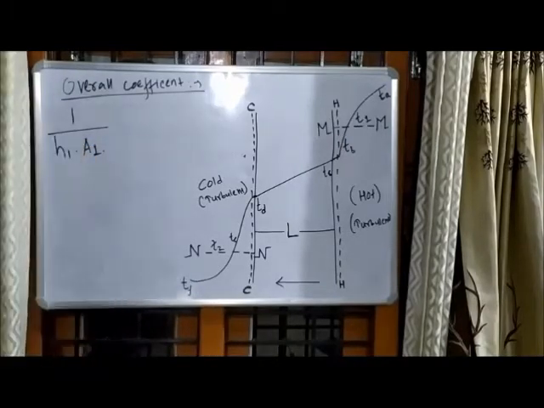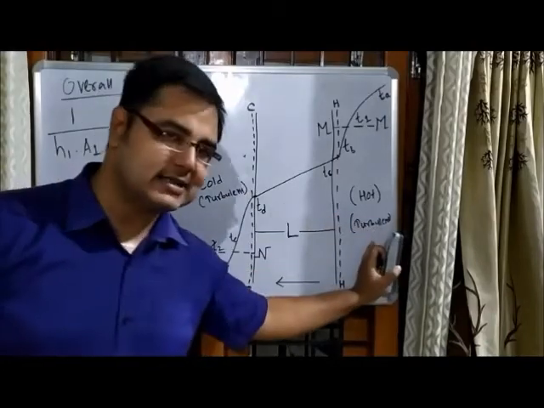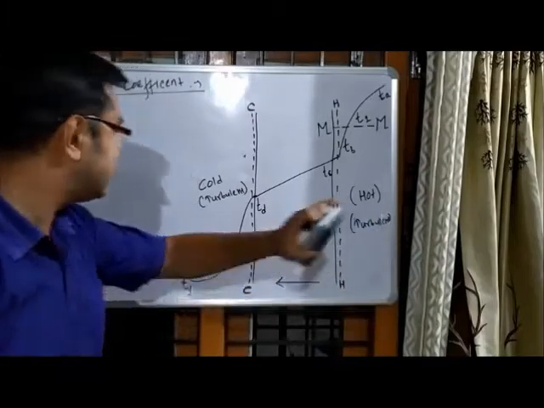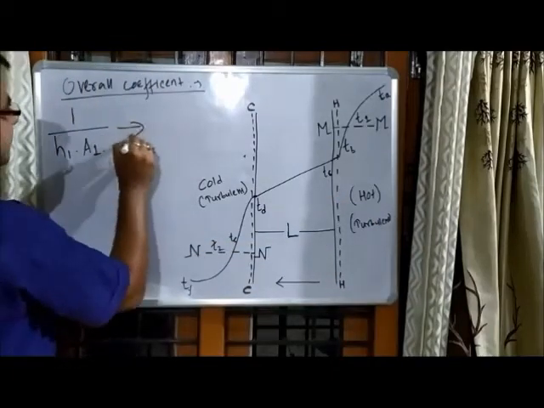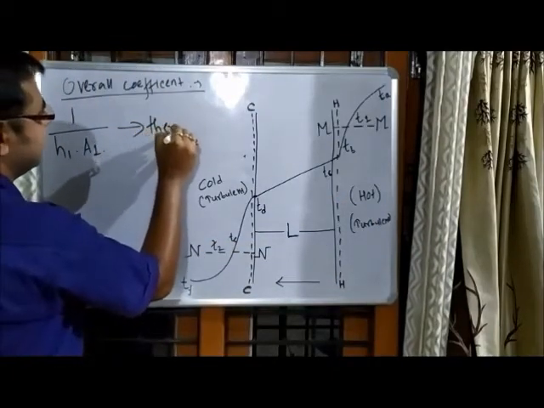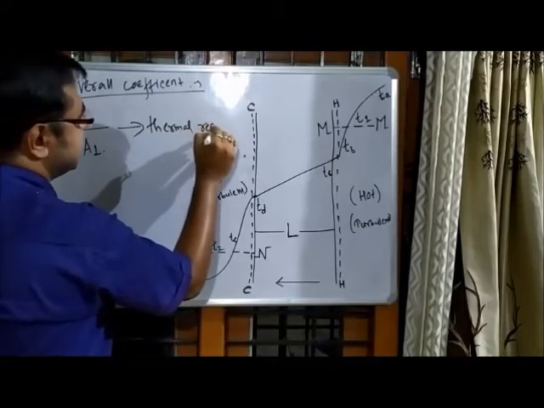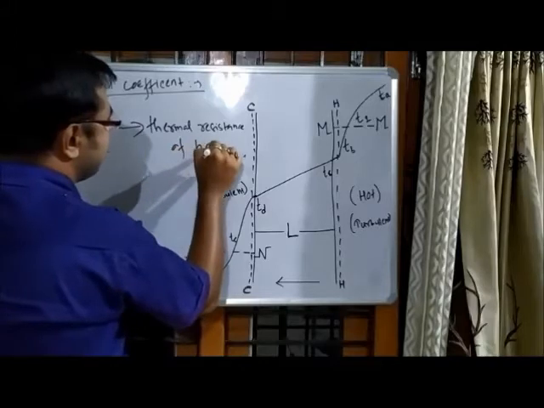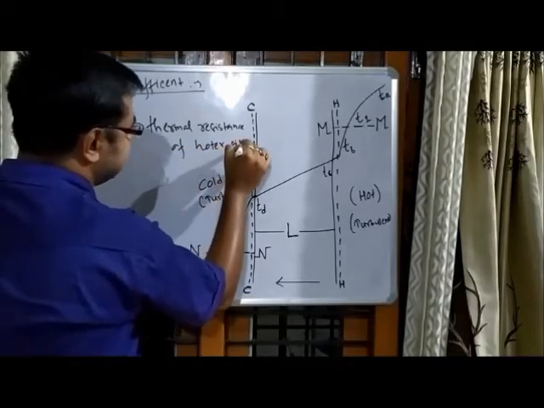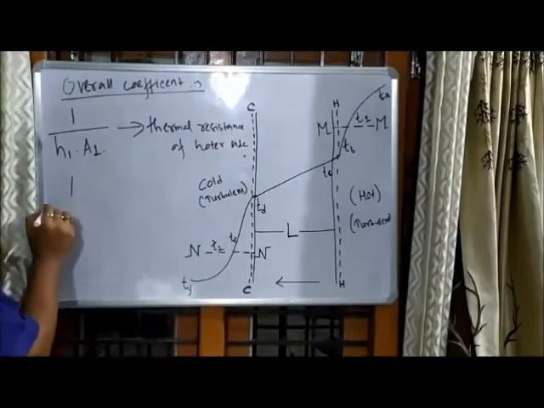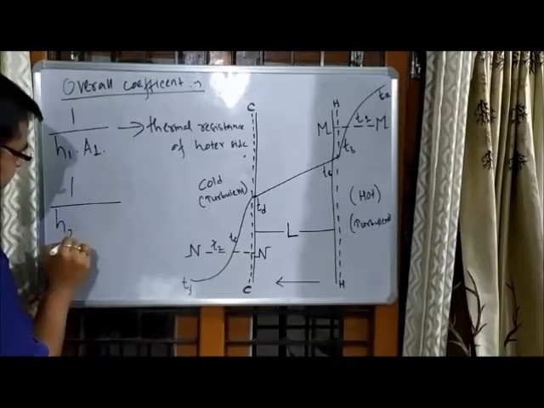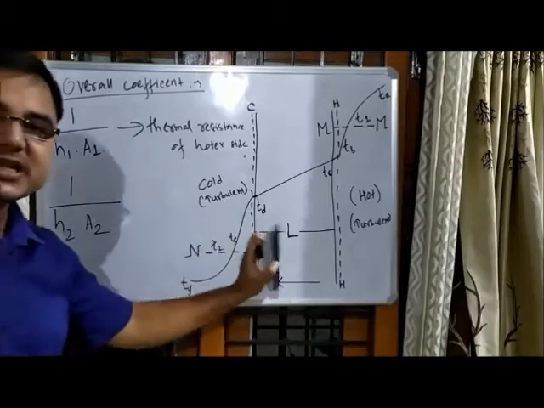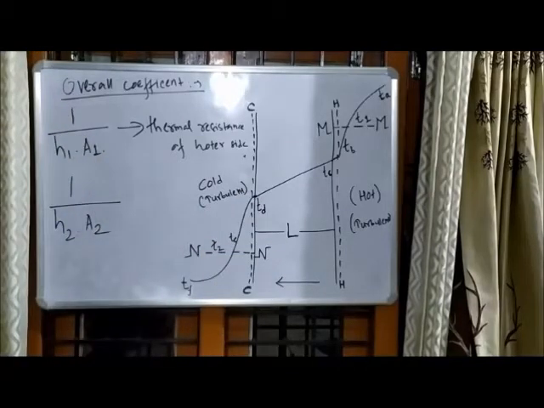This is the thermal resistance of the hotter side. Now one more is 1 by H2 into A2. This is the thermal resistance of the colder side, right?